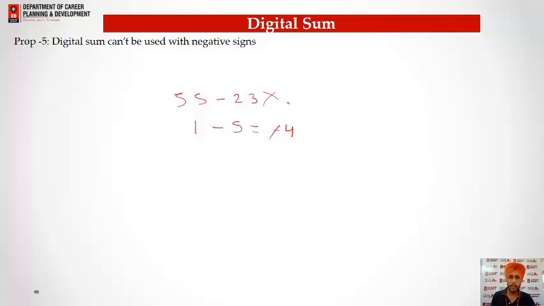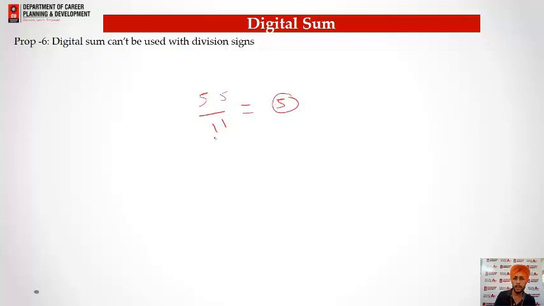Let's move to another property, that is digital sum cannot be used with divisibility signs. So we cannot use the digital sum method in divisions. For example, if I am dividing 55 by 11, I cannot say that 5 plus 5 is 10, and the digital sum will be 1, again 2, so it will be 0.5.